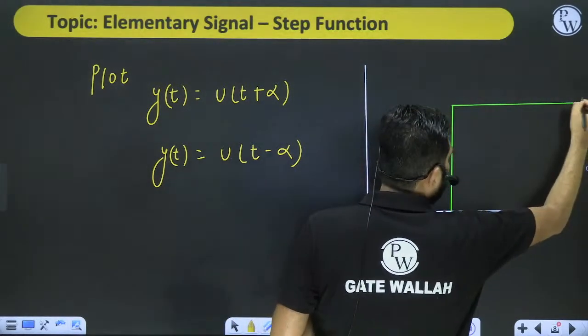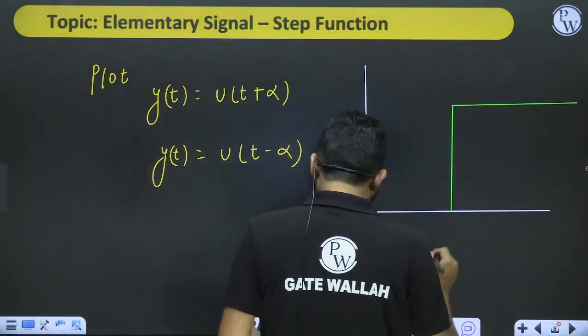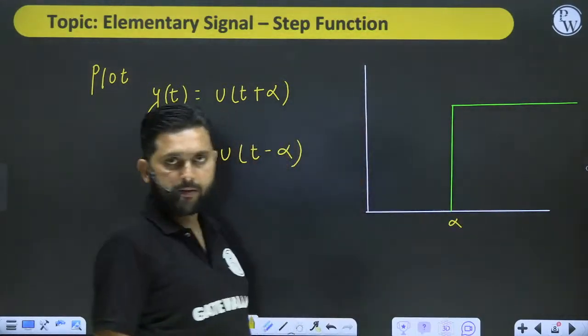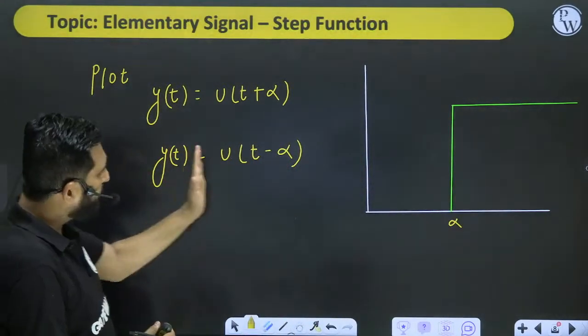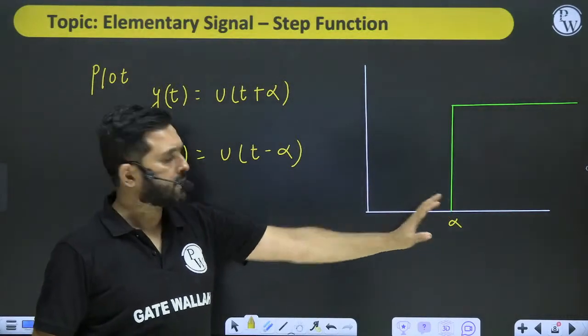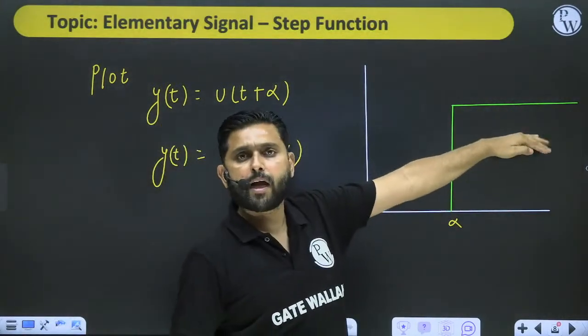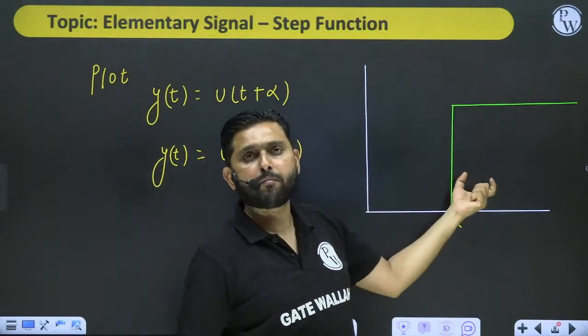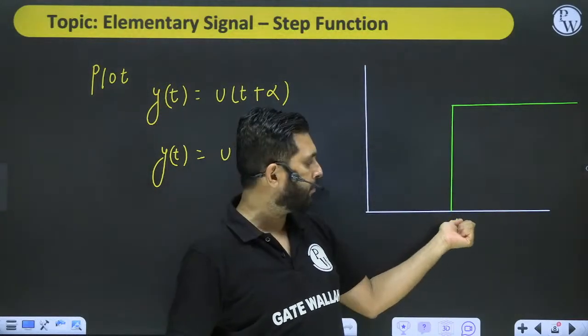See, ut minus alpha is this one. So this function is shifted by alpha factor, and this is what the meaning of ut minus alpha is.